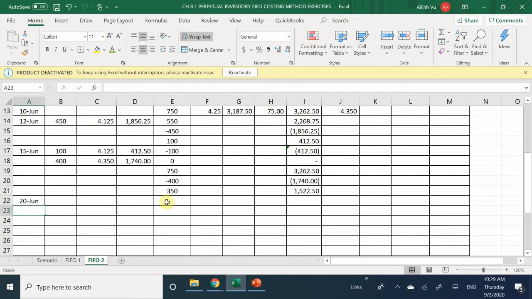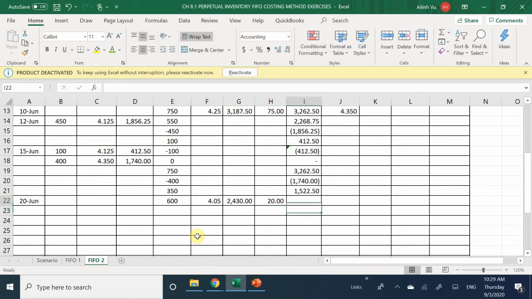Okay, so where am I going to be placing these 600 items I bought? 600, and how much did it cost you? 405. 405. 2430.